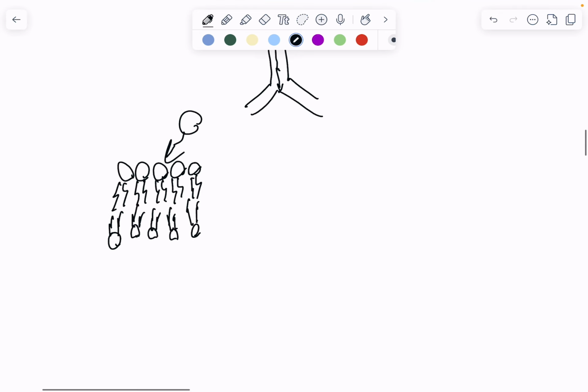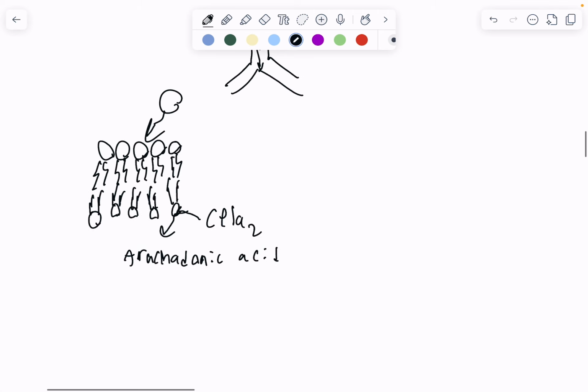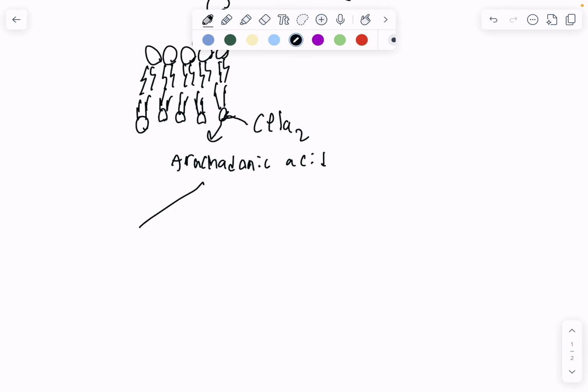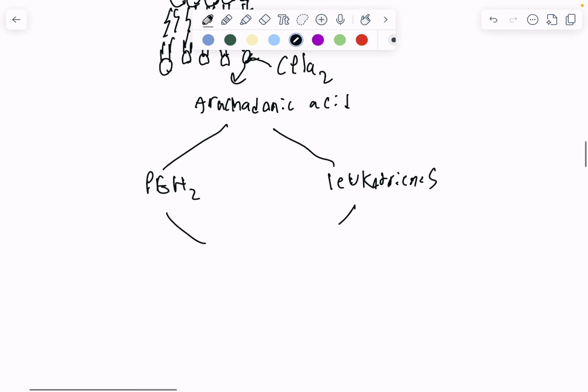And so what's going to happen is cPLA2, whenever this red blood cell hits, is going to cleave arachidonic acid off of the phospholipid bilayer, which then starts a signaling cascade to signal PGH2, which is basically a prostaglandin, as well as leukotrienes, which both then stimulate the inflammatory signal.